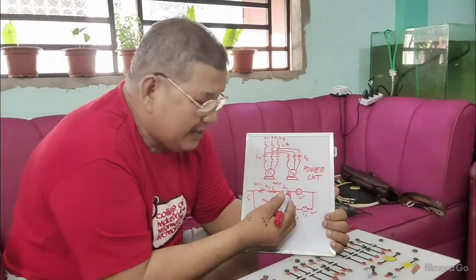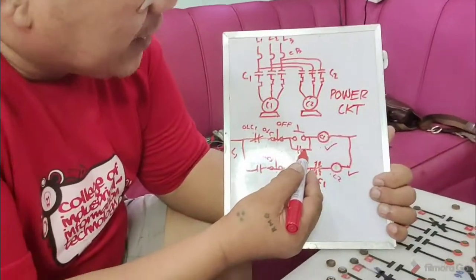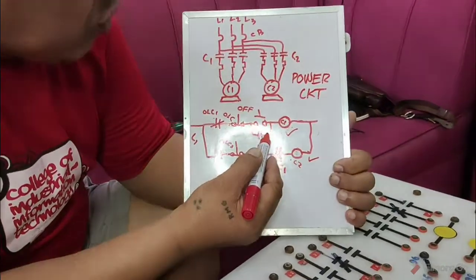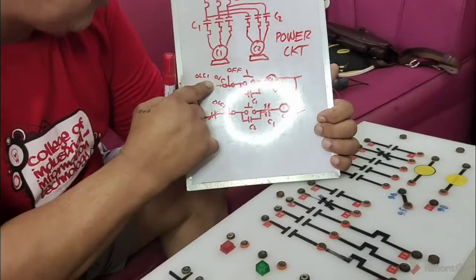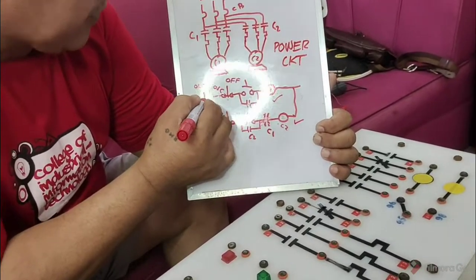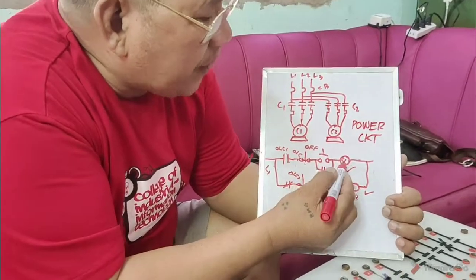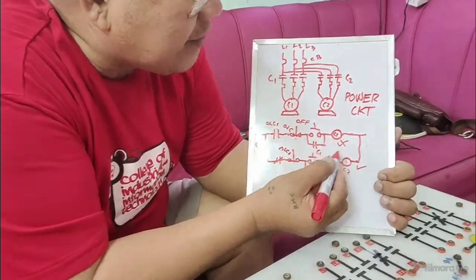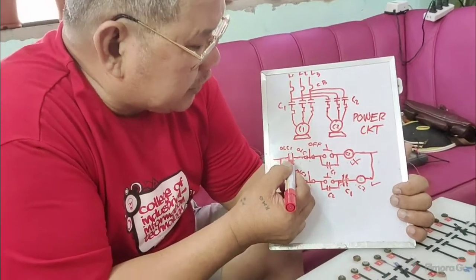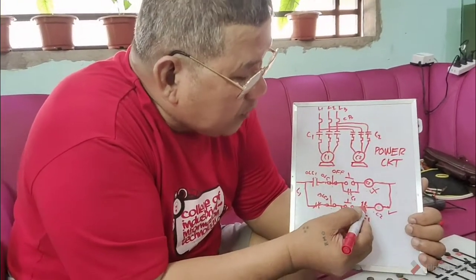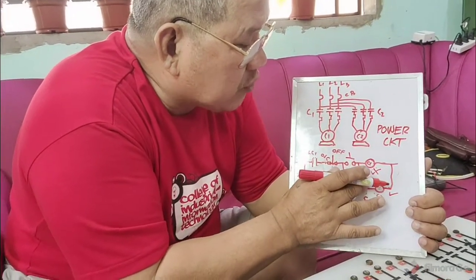If motor number 1 is overloaded, of course this will open. Once this opens, what will happen to this? This is de-energized, meaning disconnected from the circuit because this is already open. Then what will happen to this contact if this is open? This will also open.